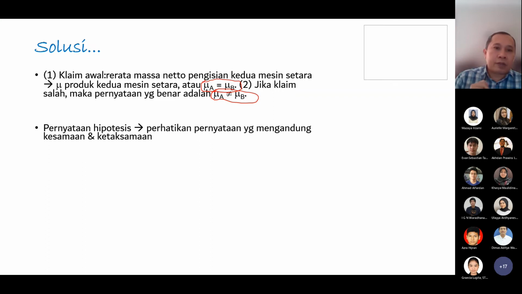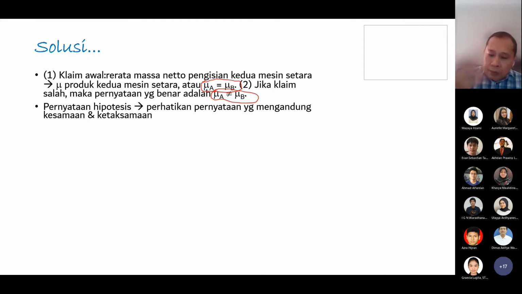Yeah, I think that's enough. So again, going to our routine. Out of these two statements, we select the one that contains equality to be the null hypothesis, and the one that contains inequality to be the alternative hypothesis. In this case, it's a no-brainer. So the first statement becomes the null hypothesis, and the second statement becomes the alternative hypothesis.